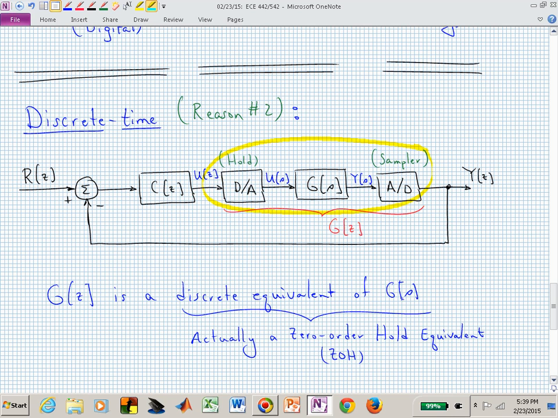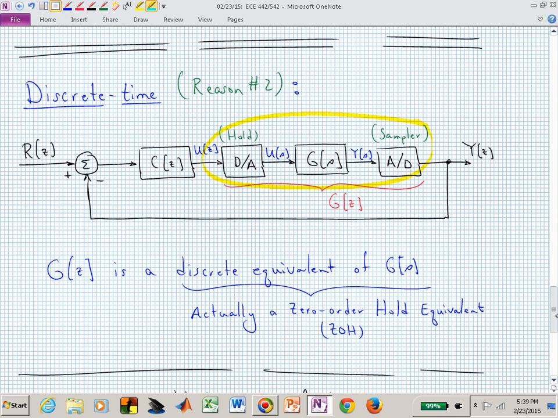How do we produce this capital G of Z if we're given a G of S and we're told we have a zero order hold that precedes that plant, and a sampler, which is our analog to digital converter, on the output side of that plant? That's what we want to do today, is figure out how to make that happen.